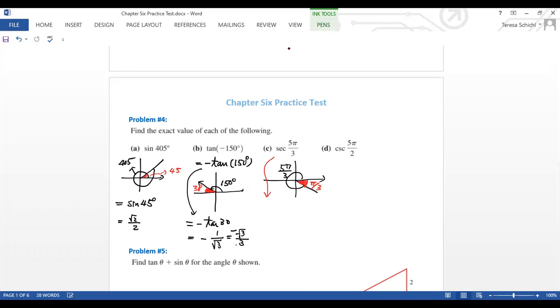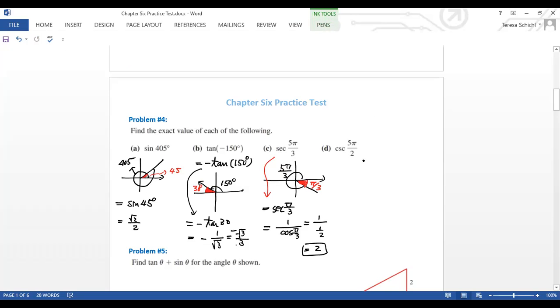So secant will just be equal to secant pi over 3, and because it's in the fourth quadrant, secant is positive. Secant is 1 over cosine pi over 3. So cosine pi over 3 is 1/2, so the whole thing here is 2.